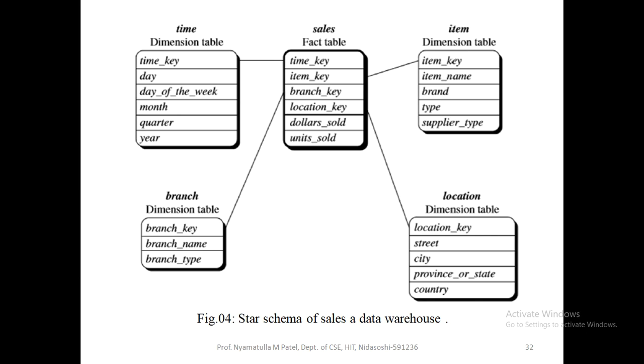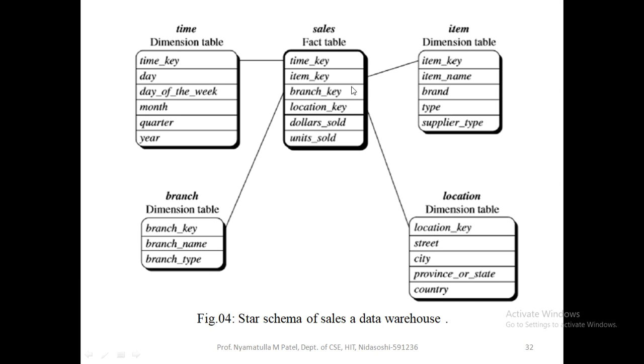Let us come to the star schema. The most common modeling paradigm is the star schema, in which the data warehouse contains one large fact table.